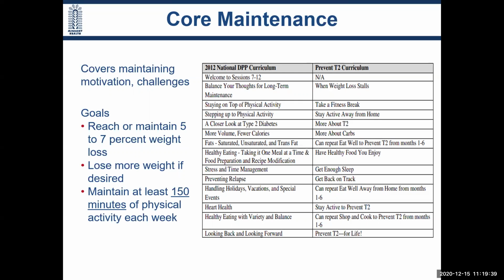Again, really focusing on making sure that we can maintain those behavioral changes long term. The goals during this phase are to reach or maintain that 5 to 7%. Those who have not reached the 5 to 7% weight loss can continue working on that; for those that have, they can maintain. In addition, people who want to or need to lose more than 5 to 7% of their body weight can work on additional goals, trying to lose more, and then maintaining that 150 minutes of physical activity each week.